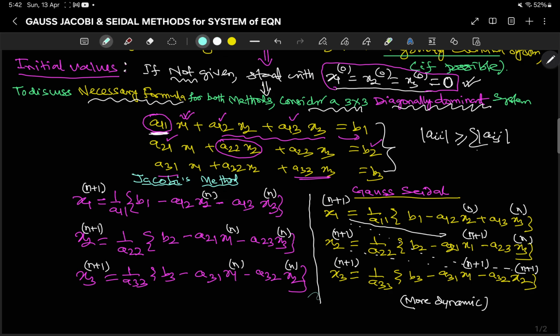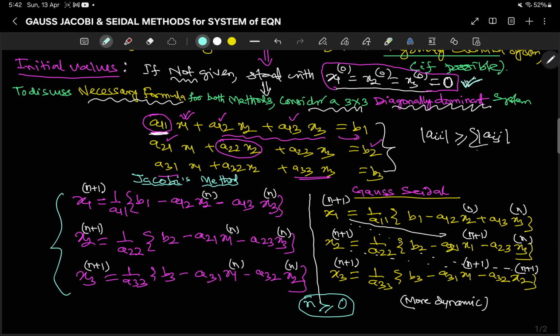Here n is greater than or equal to 0, meaning with the initial approximation we find the subsequent results: for n equal to 0 it is x1 1, x2 1, x3 1, and so on. So in the Jacobi method we move stepwise and the previous step result is used in this step, but in the Seidel method, whatever updated result we get, we immediately substitute it.